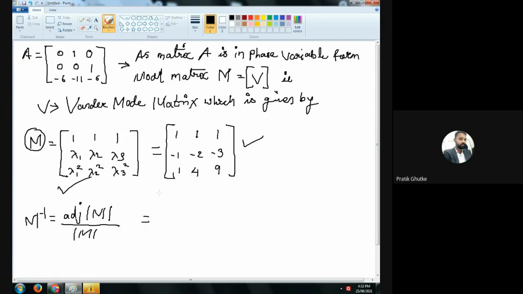So you just put this matrix in your calci and tell me the M inverse matrix. Am I correct or not? Yes, in the calci, put all these values and I will get the M inverse matrix. Anyone, please tell me what is the inverse for this M matrix? This is my M matrix.